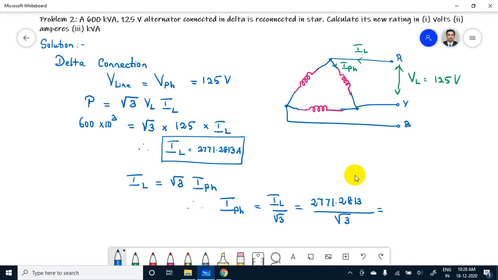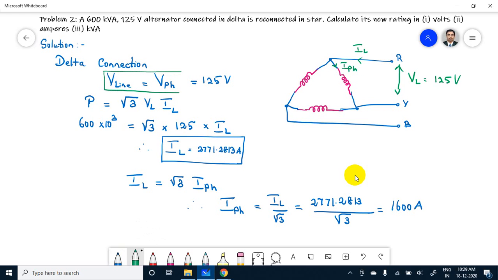So what is the value of I phase, the phase current? 1600, sir. 1600 ampere.